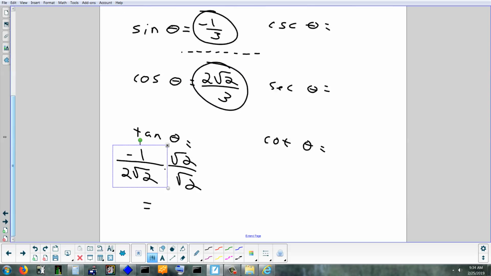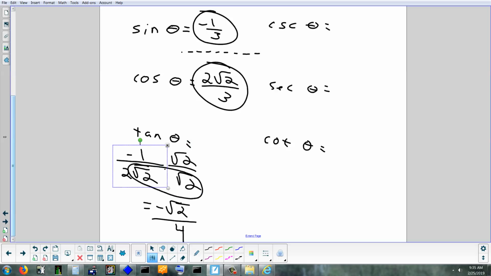That's going to give you negative square root of 2 in the top. Now, in the bottom, you've got 2 times the square root of 2 times the square root of 2. Let's do this first. What's the square root of 2 times the square root of 2? 2 times another 2? 4.